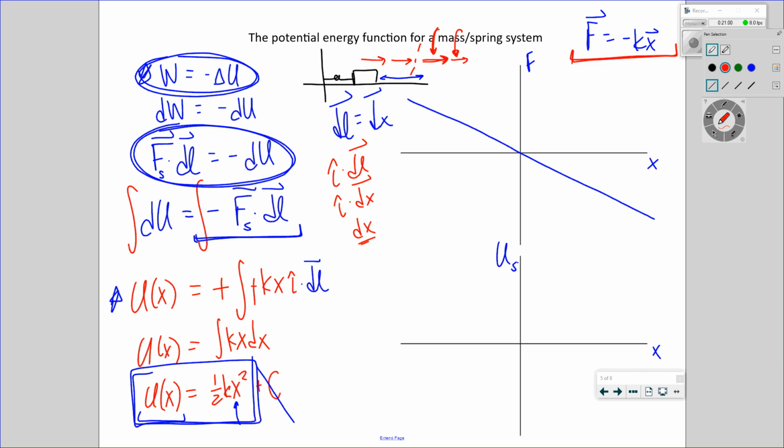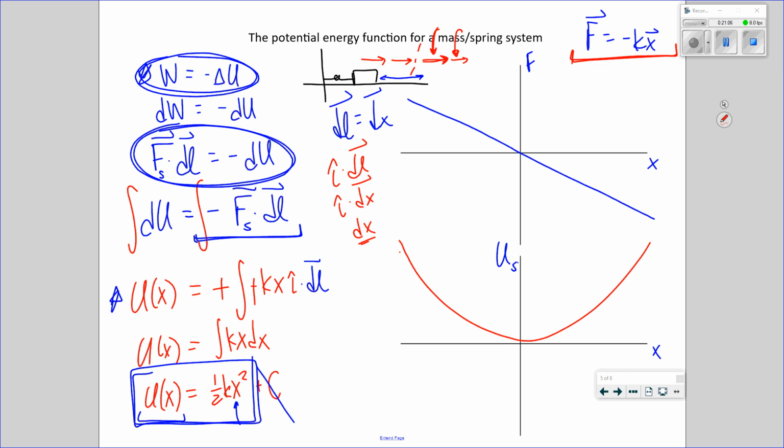So if we know a statement of what a force is, we can derive a statement of what the potential energy function associated with that force is. And what does this thing look like? Well, it looks like a parabola. And why does it look like a parabola? Well, check this out. We can say that F is negative dU dx.